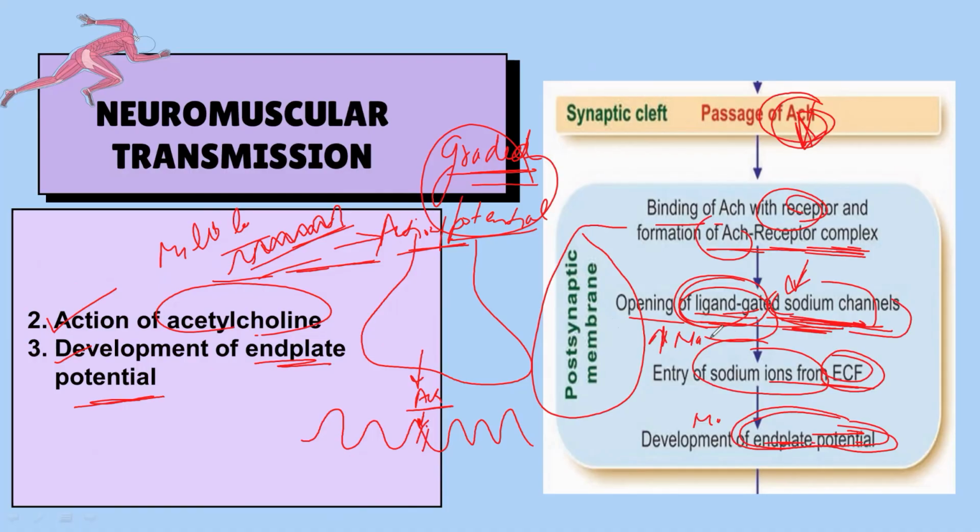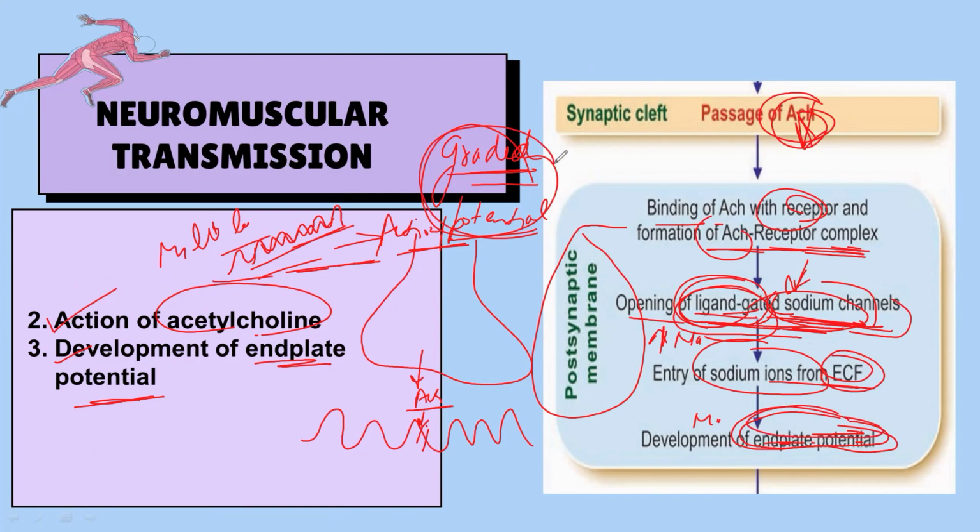In the case of voltage-gated sodium channels, there is a heavy influx of sodium ions. So these ligand-gated sodium channels are responsible for the generation of a mild or local potential.